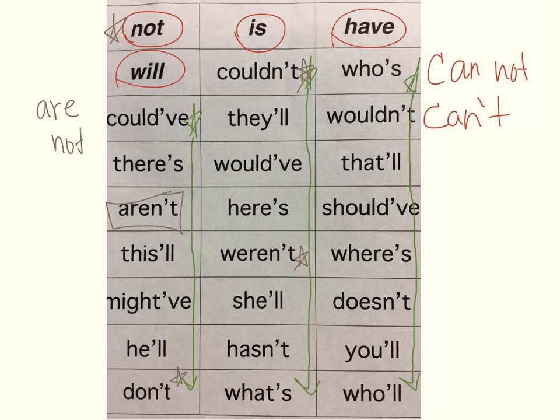Now let's look at our word is. So in our first column, we have theirs, which is just a shortened version or a contraction of there is, and you're taking out that vowel again and putting an apostrophe where the I would normally go.